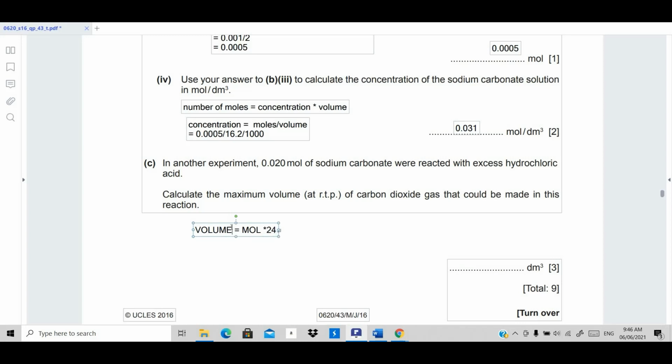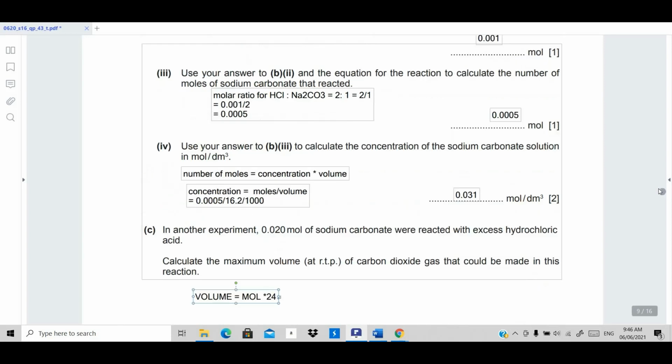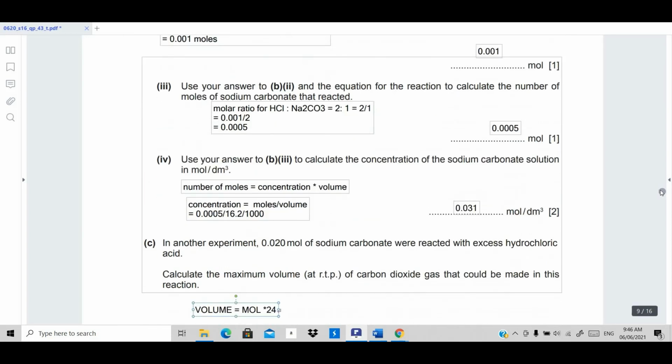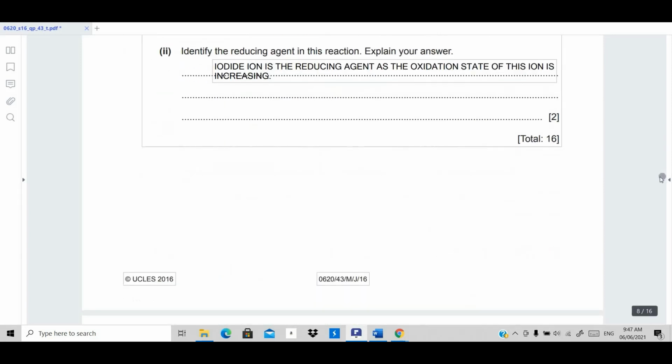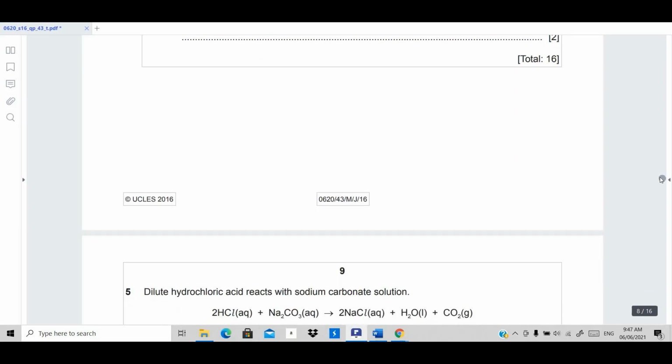Now what have they given here? In another experiment, 0.02 moles of sodium carbonate were reacted with excess hydrochloric acid. Calculate the maximum volume at RTP of carbon dioxide that could be made in this reaction. You can see the equation is similar.